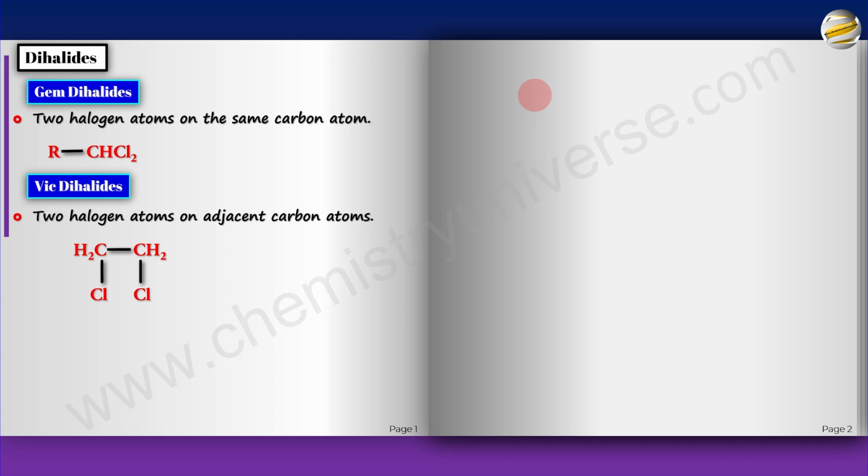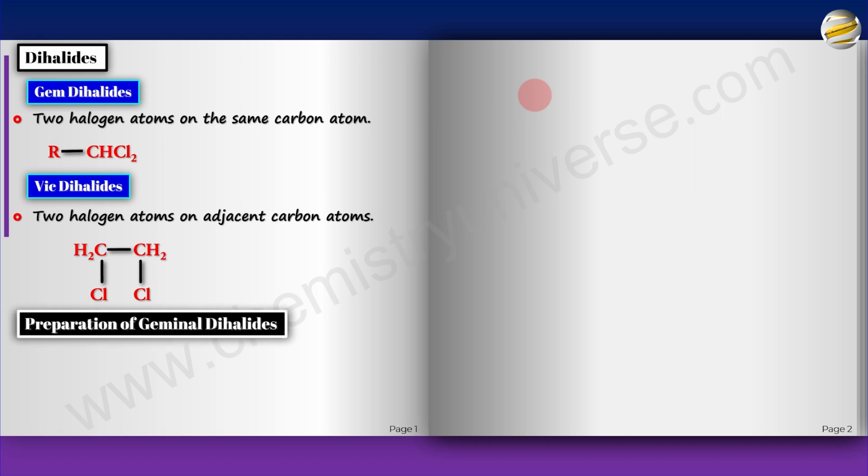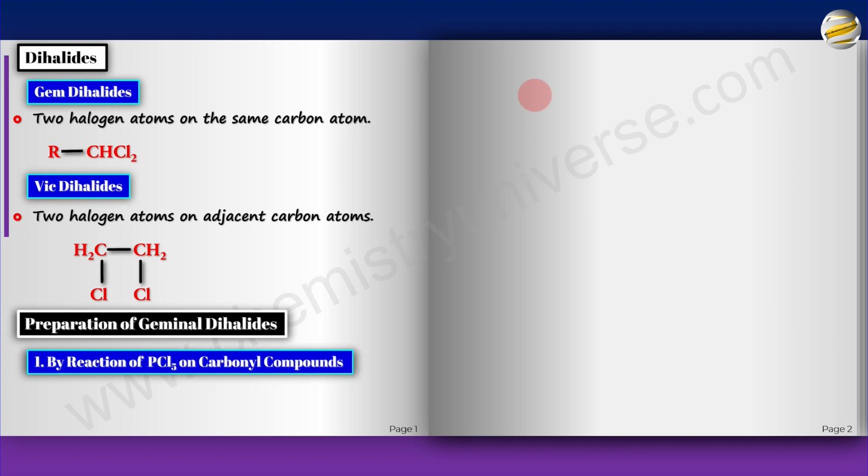So first, let's look at how you prepare a geminal dihalide. We've discussed this when we did the preparation of alkyl halides. This is the reaction of PCl5 on carbonyl compounds.